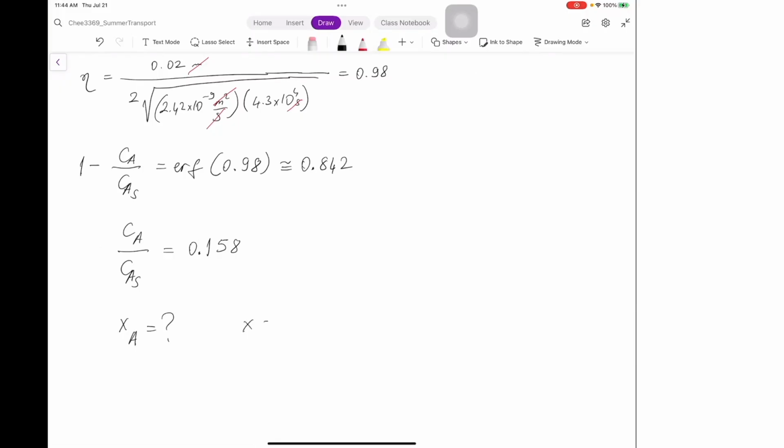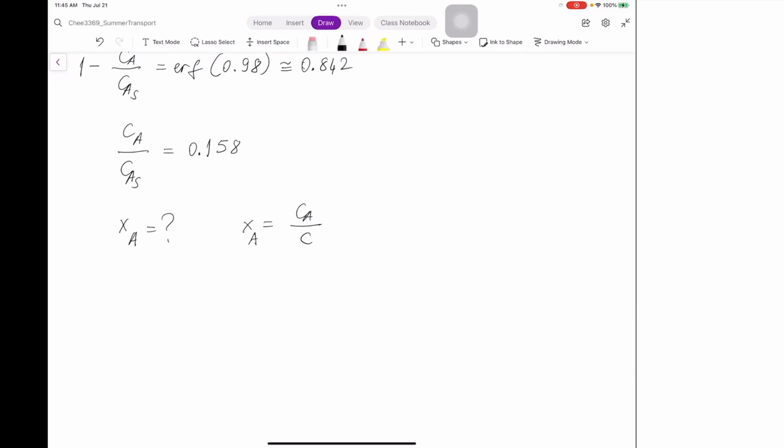Well, XA is CA over the total concentration, C. So XA over XAS is the same thing as CA over C divided by CAS over C. You can cancel these C's and you get CA over CAS, which you already found, 0.158.